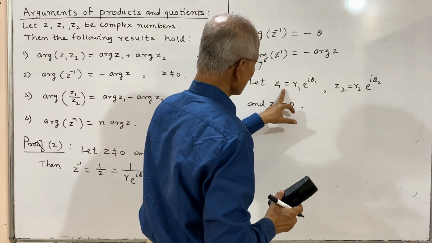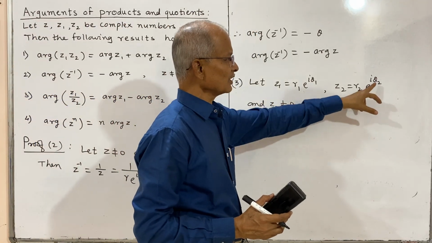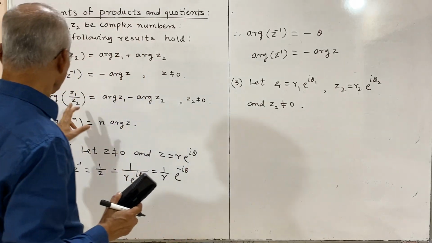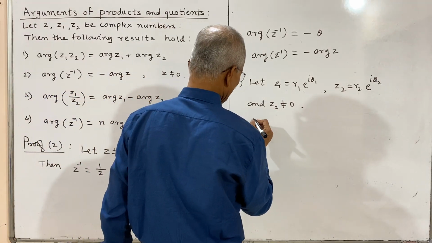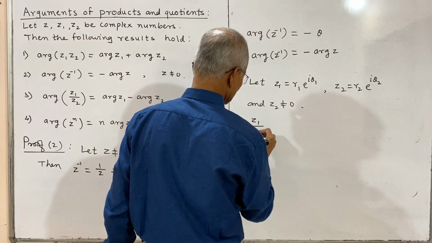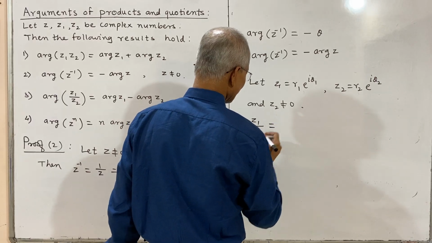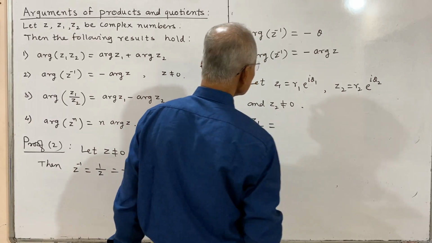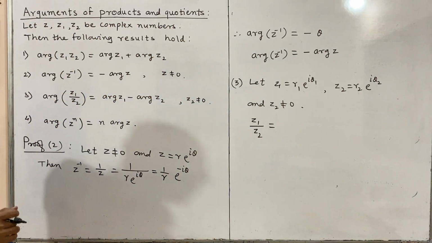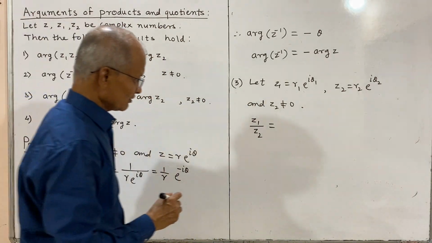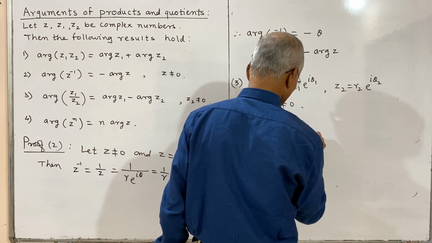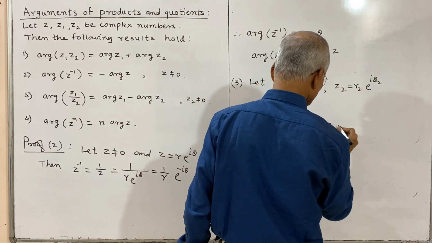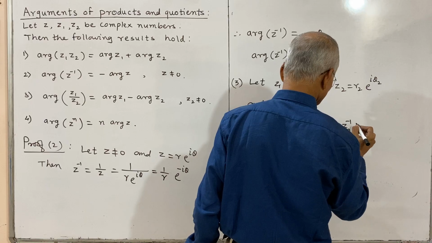Now therefore, the argument of z1 is theta 1, the argument of z2 is theta 2. Now we shall express their quotient z1 by z2 first. z1 by z2 may be written in terms of the multiplicative inverse, as z1 into 1 over z2, or that is z1 into z2 inverse.